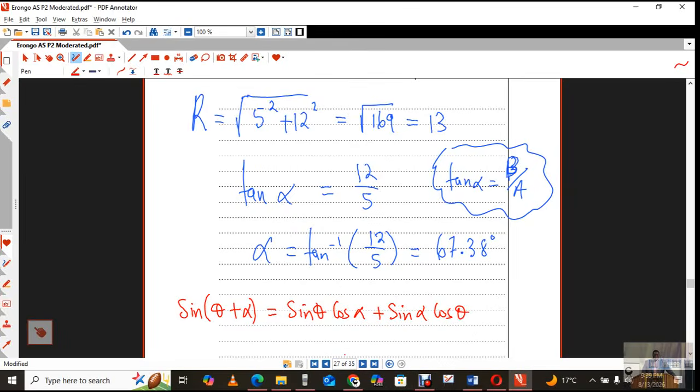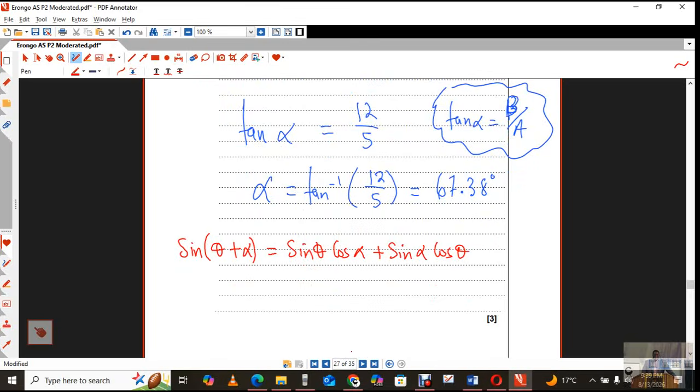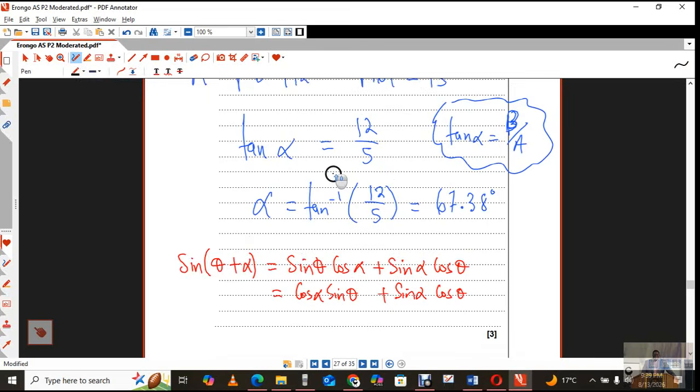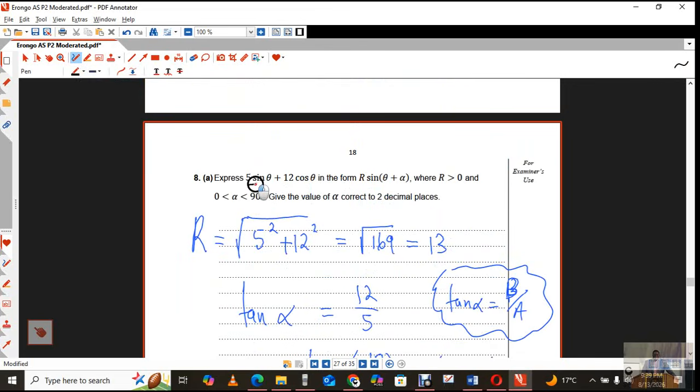I'm just going to rewrite it slightly nicer: cos alpha sine theta. So I'm treating this cos alpha, you will see, as a coefficient. The sine alpha is already in front. Now, from the scenario that we are given in the question, this is the part that I'm interested in, the point that I want to make.